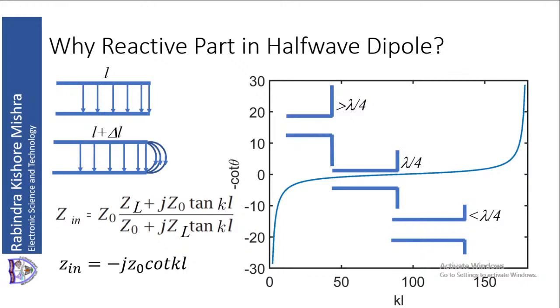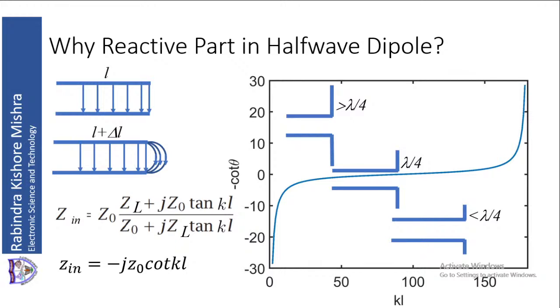This is the total path of the current, and it should be equal to lambda by 2, but because of the fringing field, it should be slightly less than lambda by 2. So when we design the dipole antenna, we should take L plus D to be slightly less than lambda by 2, or slightly less than 0.5 lambda.